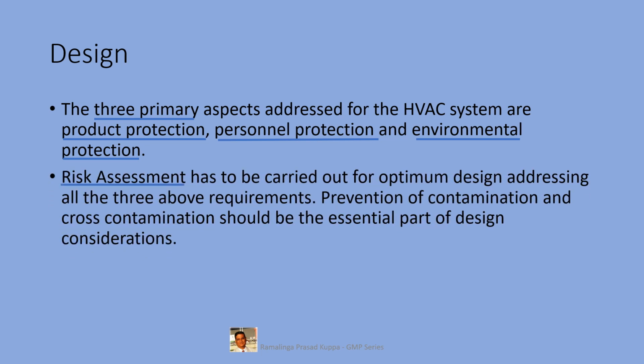Risk assessment has to be carried out for optimum design addressing all the three above requirements. Prevention of contamination and cross-contamination should be an essential part of design considerations. Risk assessment should be conducted in a detailed way.